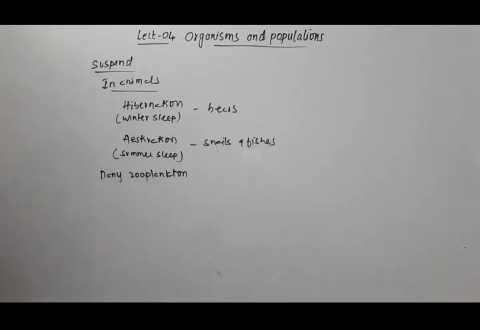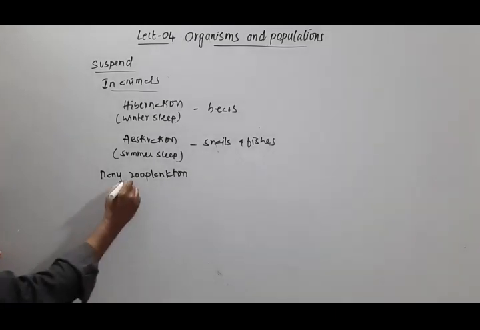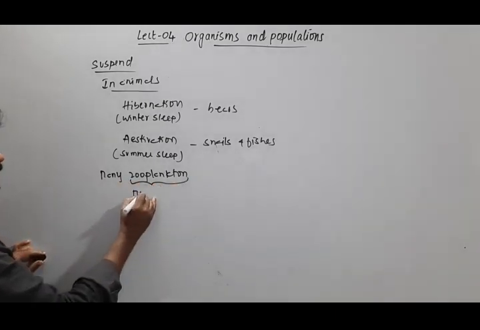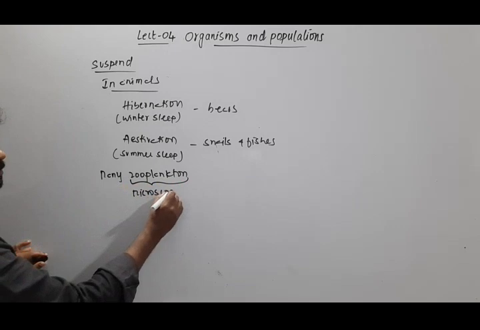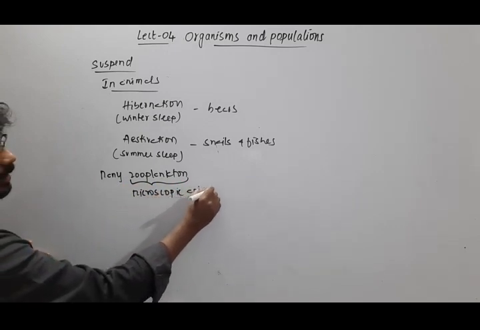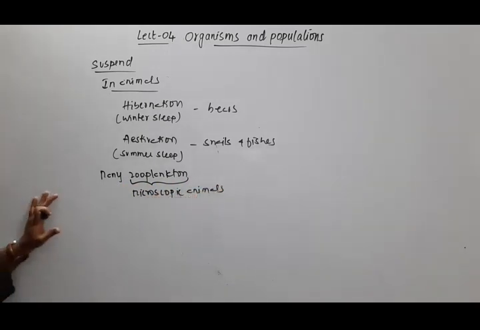So these zooplankton are microscopic animals, okay. So they are microscopic, and they float or drift, or swim weakly in the waters.